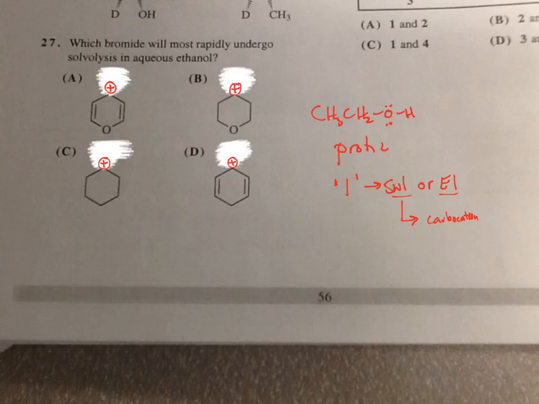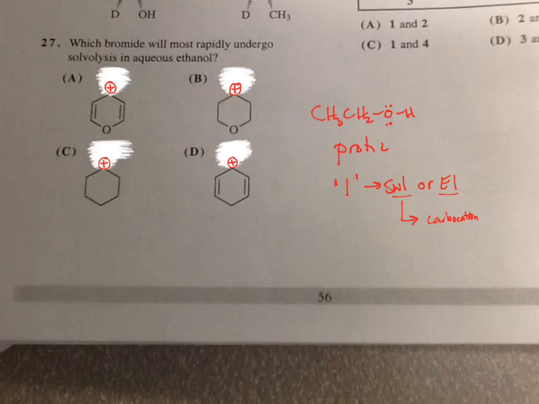How can we stabilize a positive charge? Charge, they're all charged. Then size, they're all the same size. Then electronegativity, they're still all the same. Resonance. Do we have resonance options in any of these?